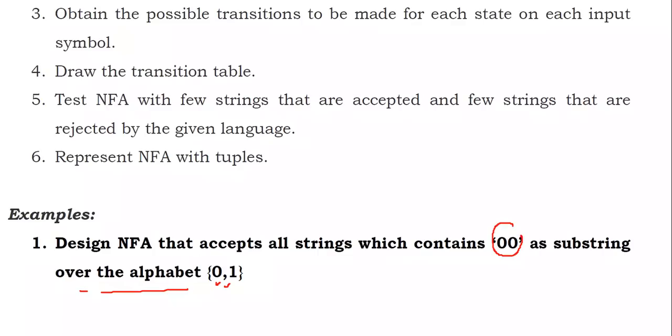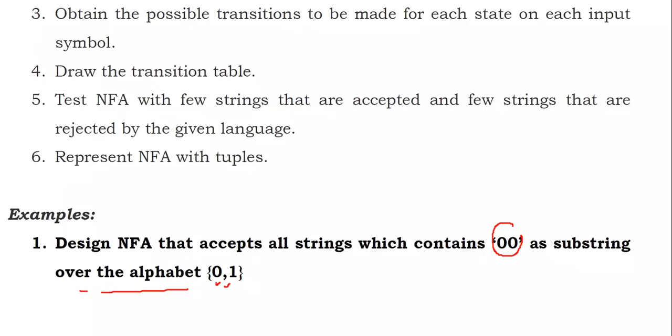That means on the alphabet sigma equal to {0, 1}, I need to draw the NFA diagram. Please look at the problem. Every string shall contain 0, 0 as a substring. If it contains 0, 0 as a substring, it should be accepted. But we have to draw the diagram in the form of an NFA.